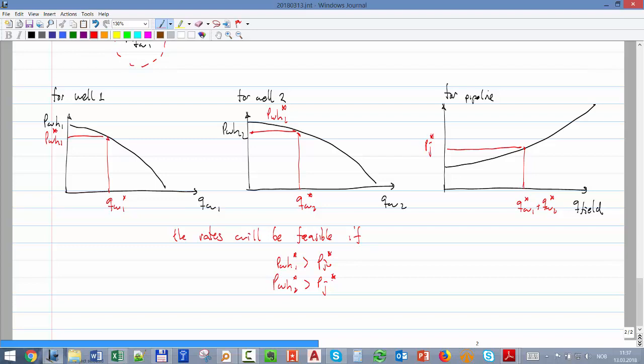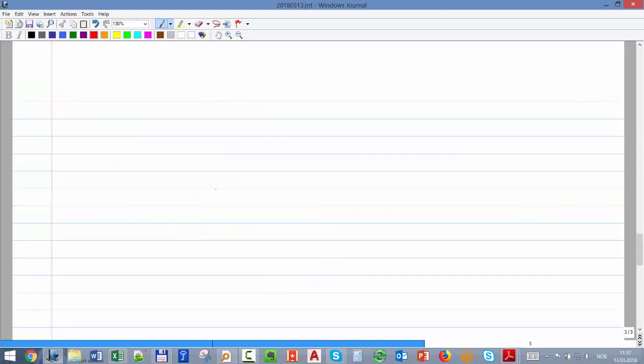Okay. So I'm going to ask you now to make one more step. When I have chokes in the system, there are multiple combinations of rates of well 1 and well 2 that I can achieve.